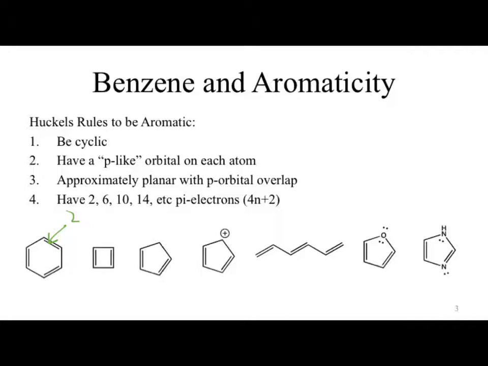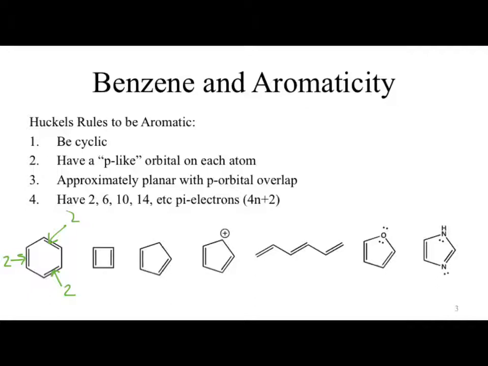We won't count the sigma bond that's also involved in the double bond. We're only counting the pi bond. So 2 plus 2 plus 2? 6. We satisfy our last rule. We have 6 electrons in that pi system. So it's a question of applying these rules consistently.